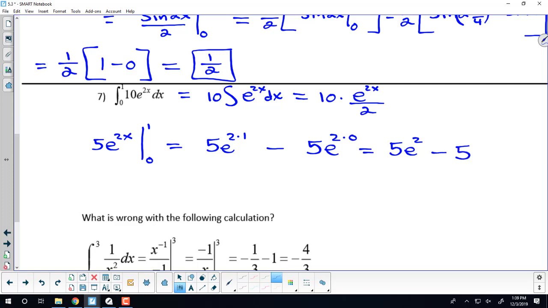So 5e squared minus 5. The only difference if you left the 5 out and just evaluated the 0 and 1 on e to the 2x is that your answer would have been 5 times e squared minus 1 instead. So I think either one is fine.